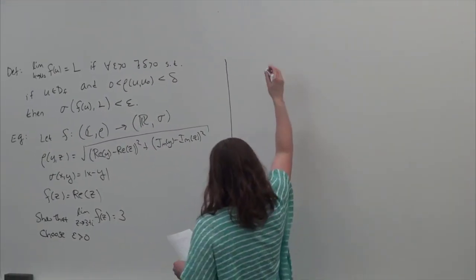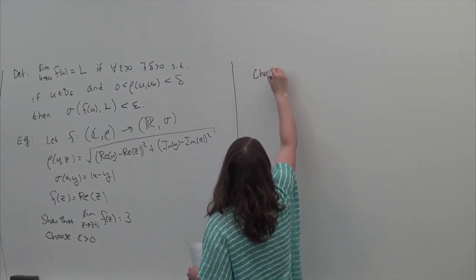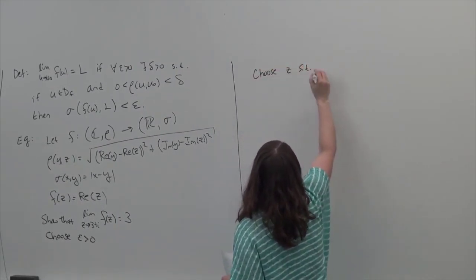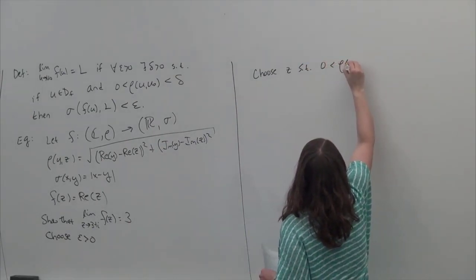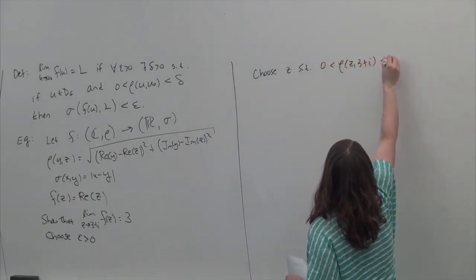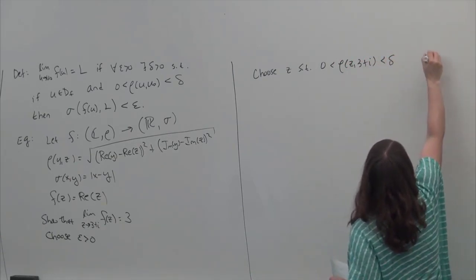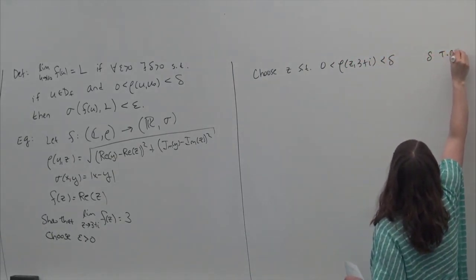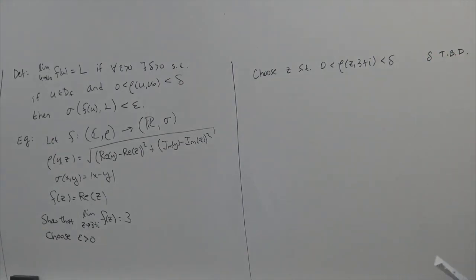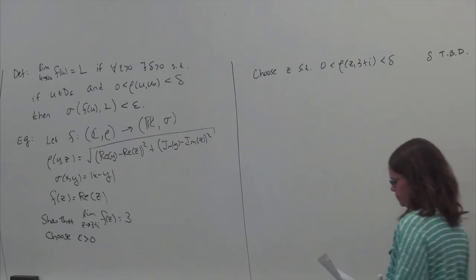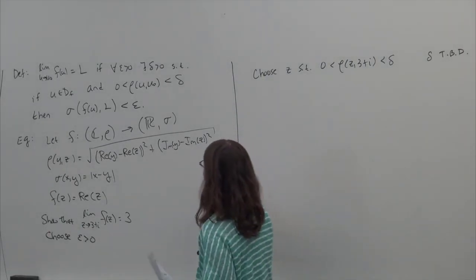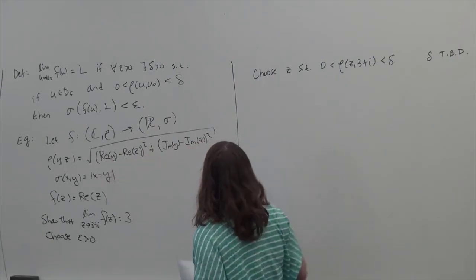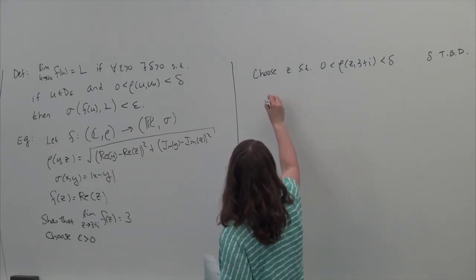So we look at all these complex numbers such that they're within some distance delta of 3 plus i. Okay, so let's write what that means. That certainly means that, well, here's our metric.